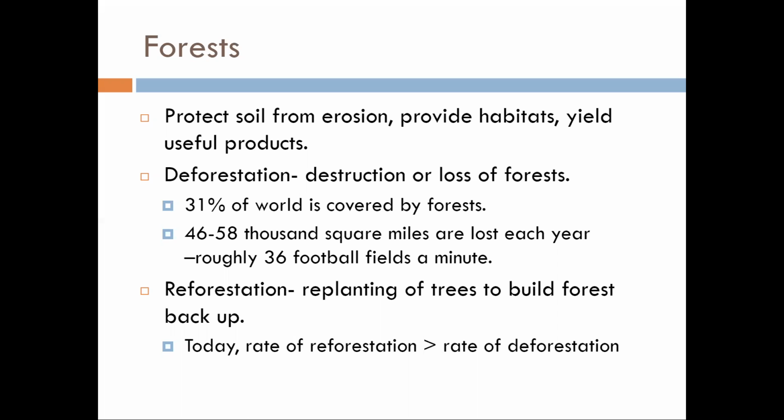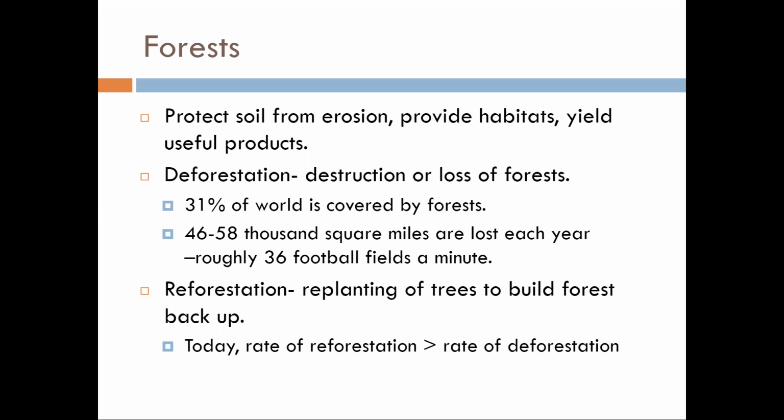So 31% of the world is covered by forests. Okay. And 46 to 58,000 square miles are lost each year, okay, to deforestation. That's about 36 football fields a minute, to give you a better idea of that.